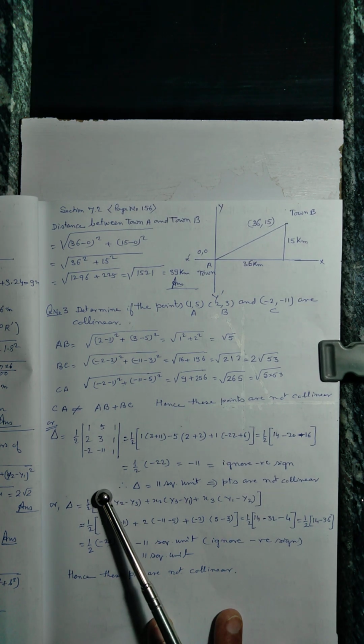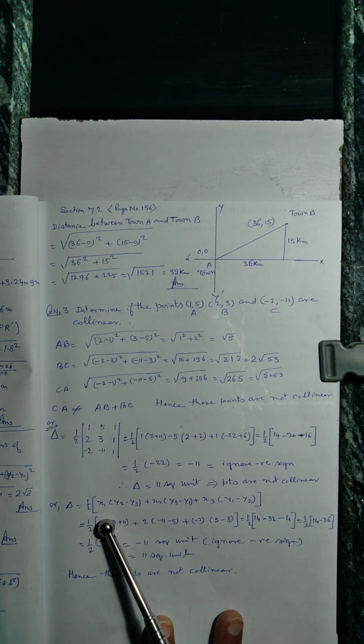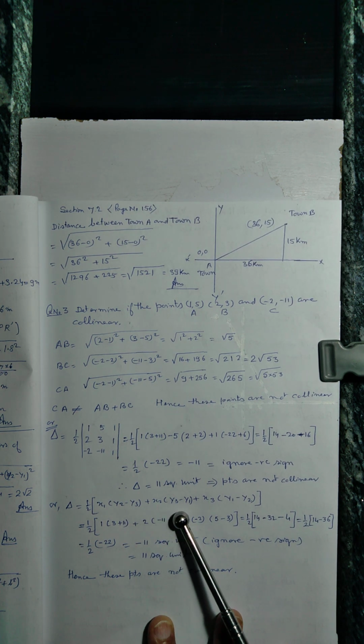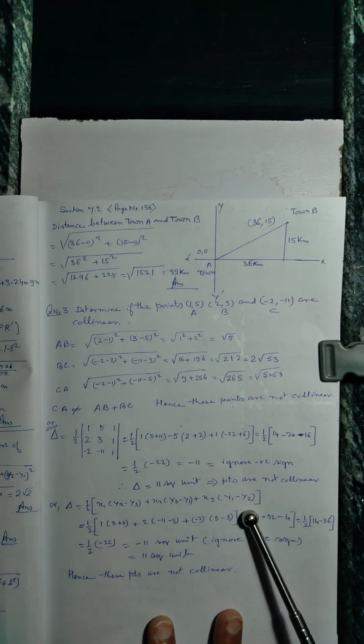The second form of the formula to work out the area of the triangle will be equal to 1 by 2 x1 (y2 minus y3) plus x2 (y3 minus y1) plus x3 (y1 minus y2).